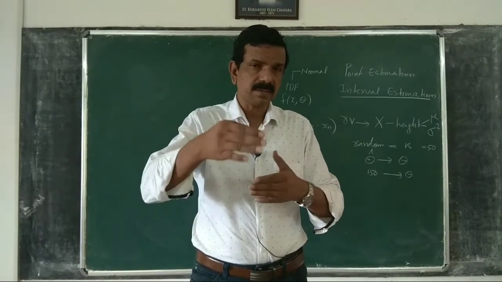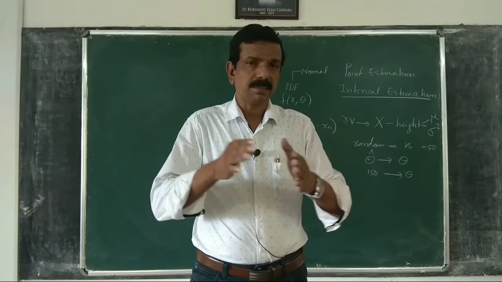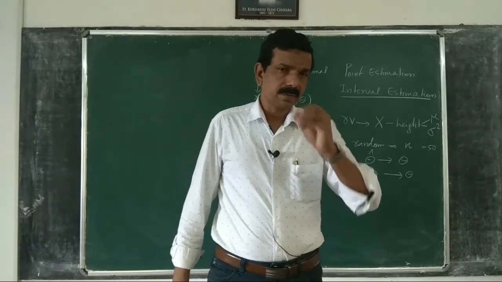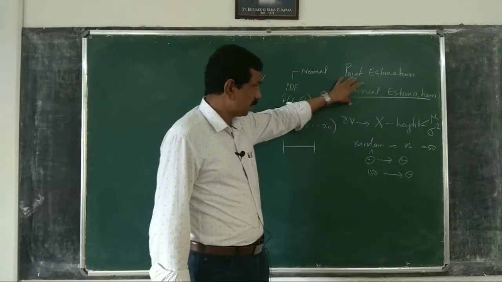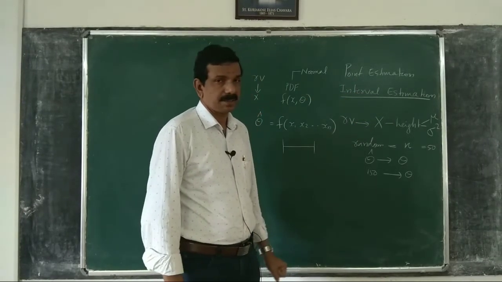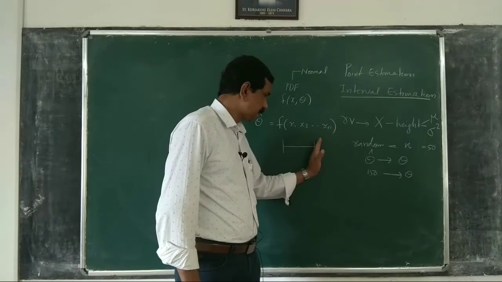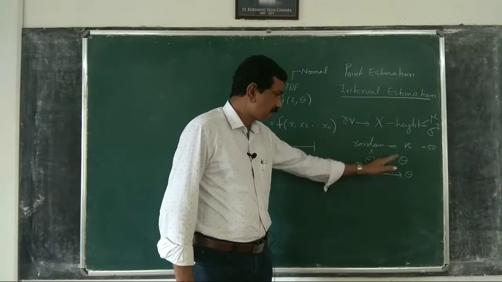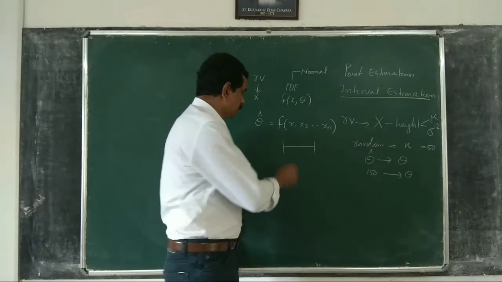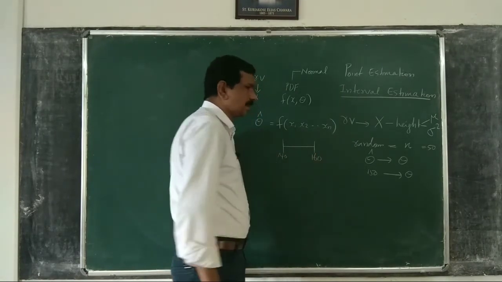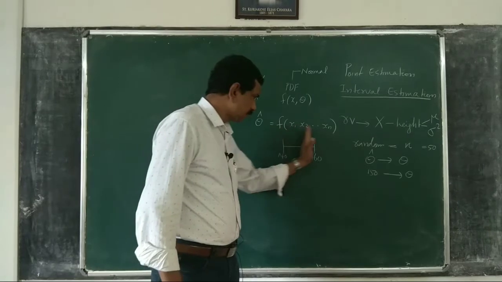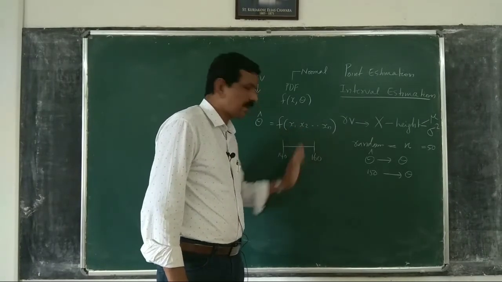The distribution of the estimator is known as the sampling distribution, and we use the concept of sampling distribution to construct what is known as interval estimation. In interval estimation, instead of suggesting a single value for the parameter, we suggest a range, say 140 to 160, and we say that the parameter will lie in such an interval.